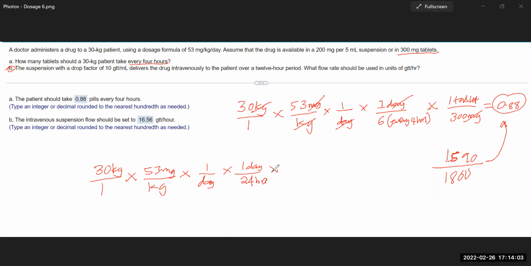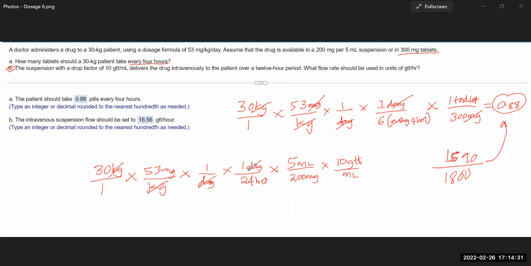And then we multiply by the suspension of 5 ml out of 200 mg. And then we multiply by the drop, or the GATA, so we have 10 GTT per ml. So you notice that when you do the cancellations, this takes care of that.